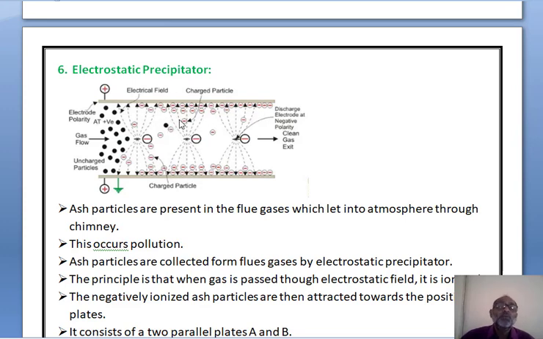The principle is that when the flue gases are passed through the electrostatic field, they are ionized, and a negative charge occurs on the ash particles. The negatively ionized ash particles are then attracted towards the positive plates.